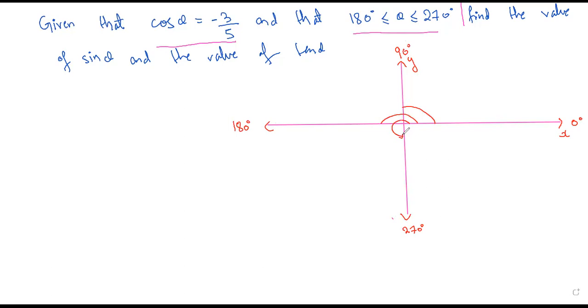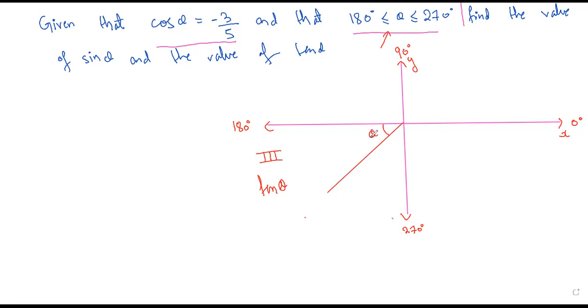Okay. Now we know that since theta is between 180 and 270, we are in the third quadrant where tan theta is positive. Then what else do we know? We know that in the third quadrant, obviously cos would be negative, and this is the theta.